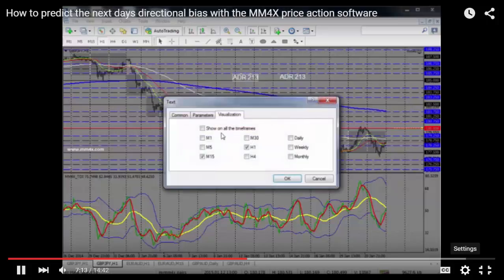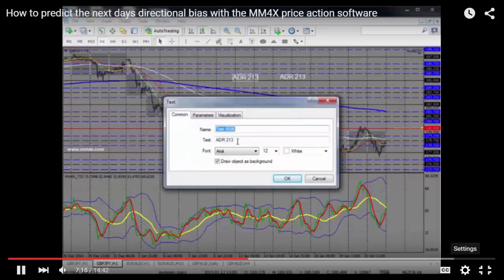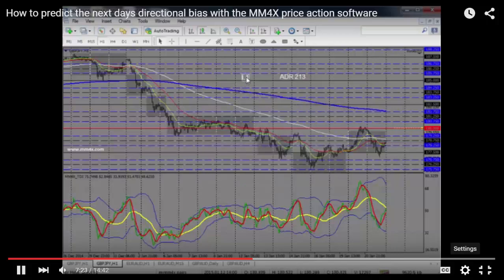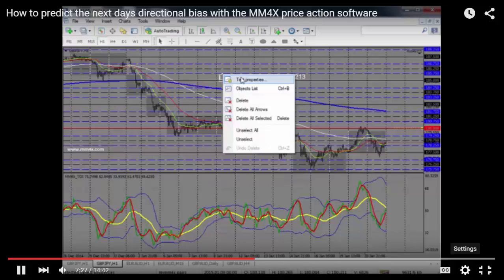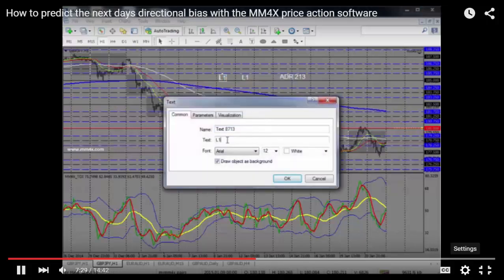Then I'll change this text to say level 1. And then I'll make a copy of that, and I'll change that, and I'll make that level 2.